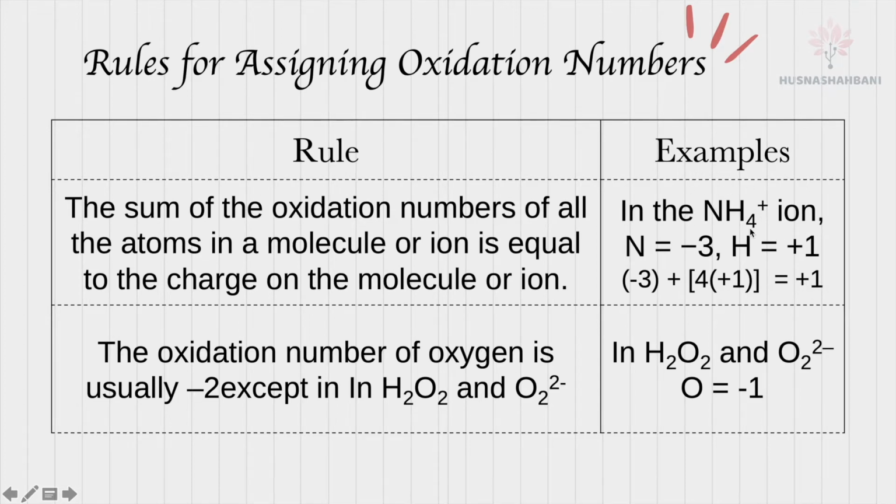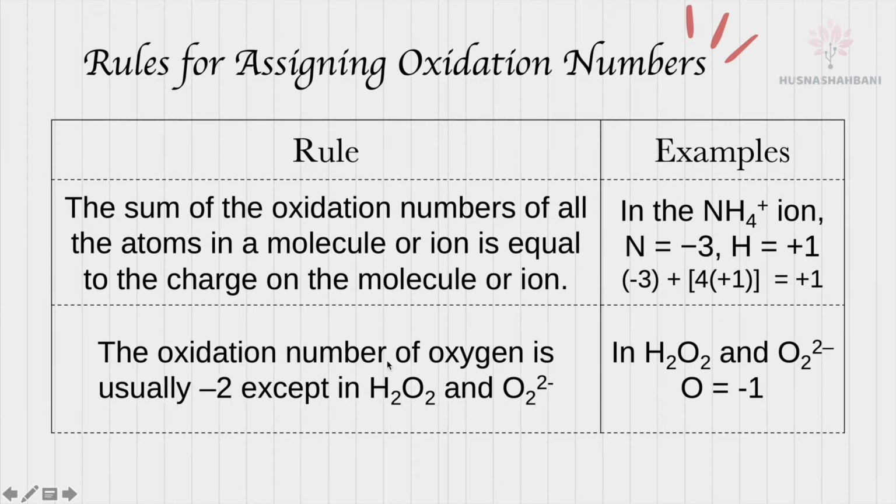But for the individual atoms, N is negative 3, H equals positive 1. So negative 3 plus 4 times positive 1, because we have 4 hydrogen, equals the overall charge. NH4 overall charge is positive 1, so it equals the overall charge.